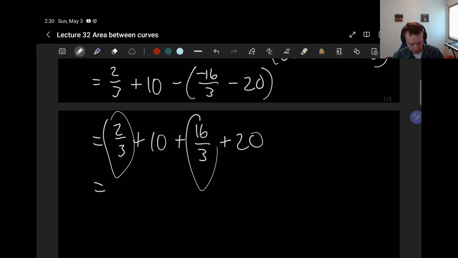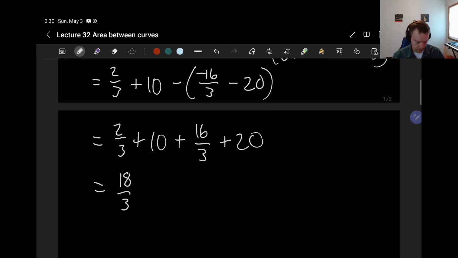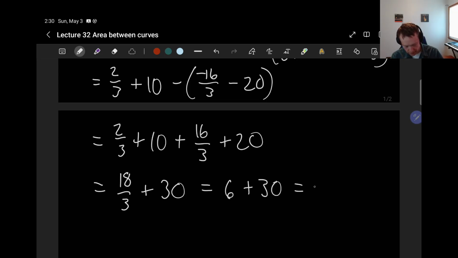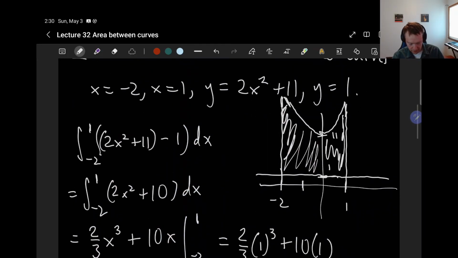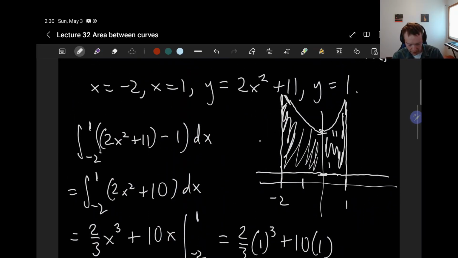Now let's bring those fractions together. That's 18/3. Hey, that's a nice number, actually. And the 10 plus 20 is 30. That's 6 plus 30, and we get a nice answer of 36. So that means that 36 little 1 by 1 blocks will fit into this area.